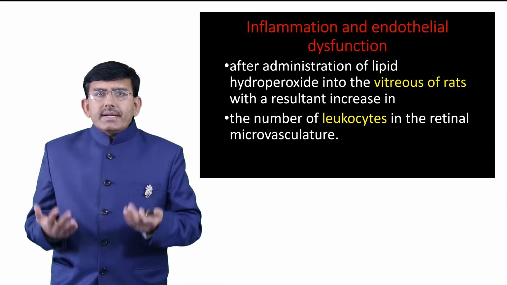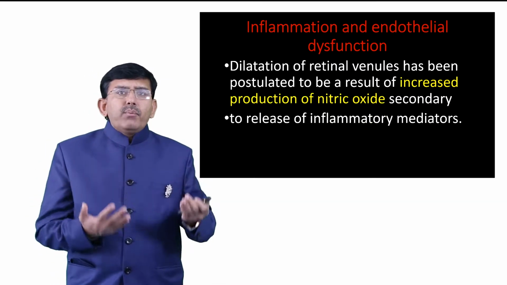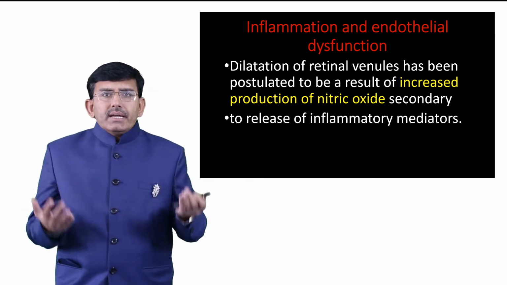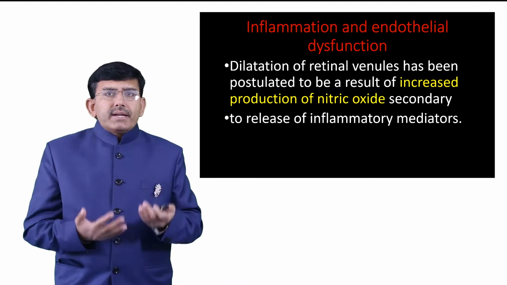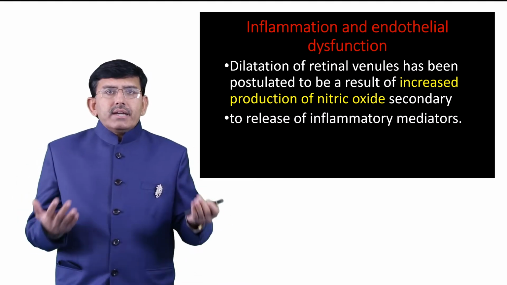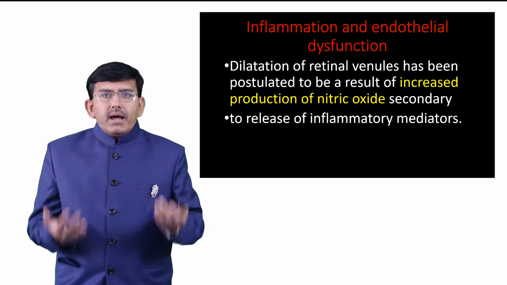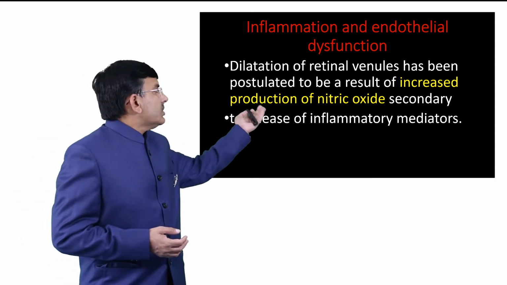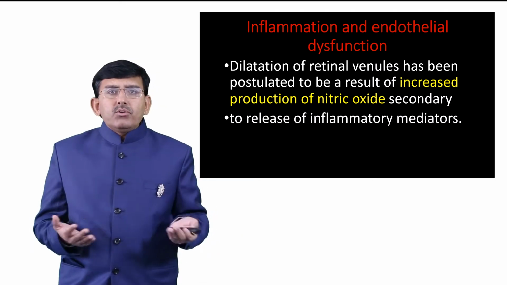Dilation of retinal venules has been postulated to be a result of increased production of nitric oxide secondary to release of inflammatory mediators, which are one of the causes of developing retinopathy.